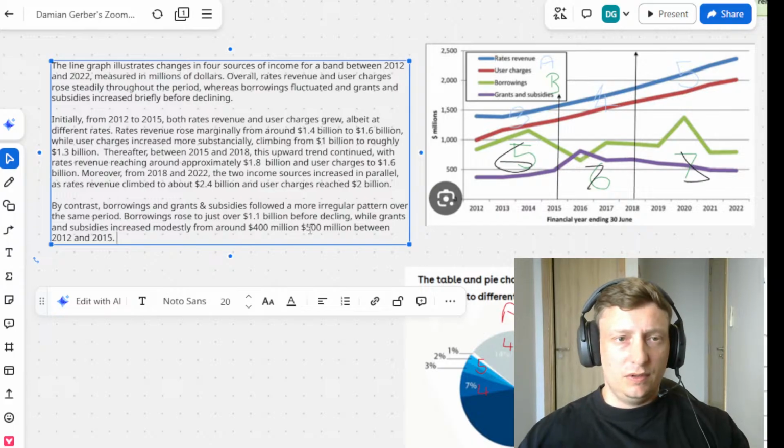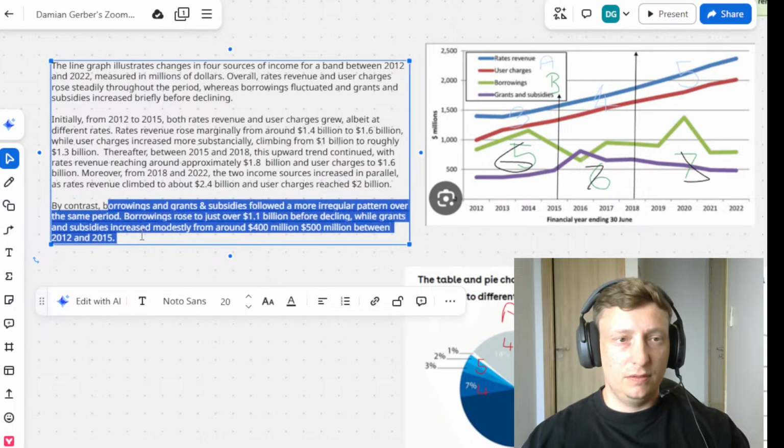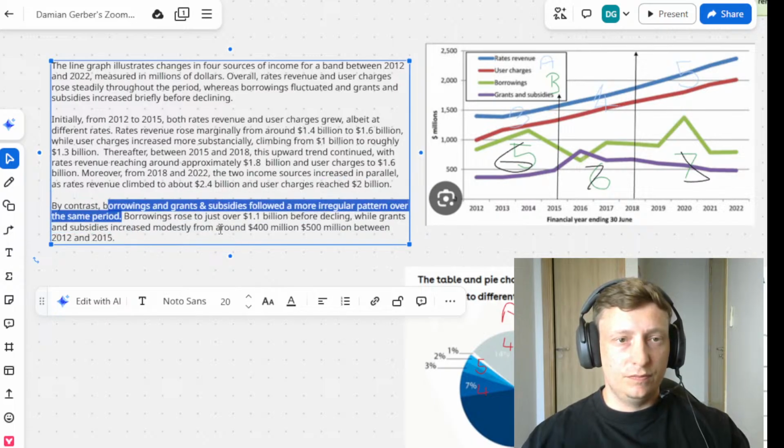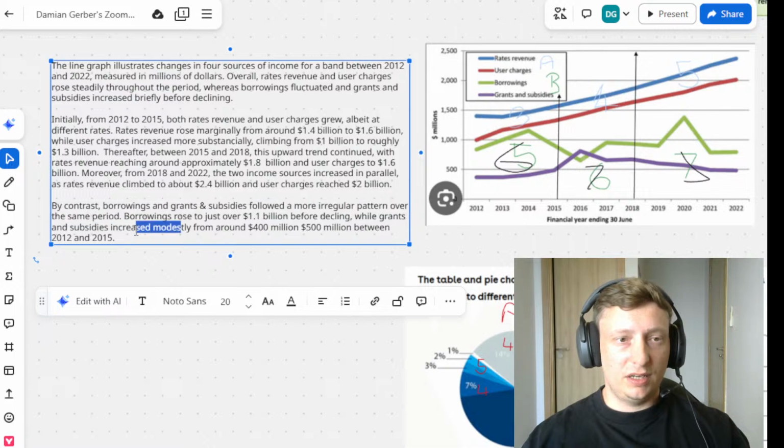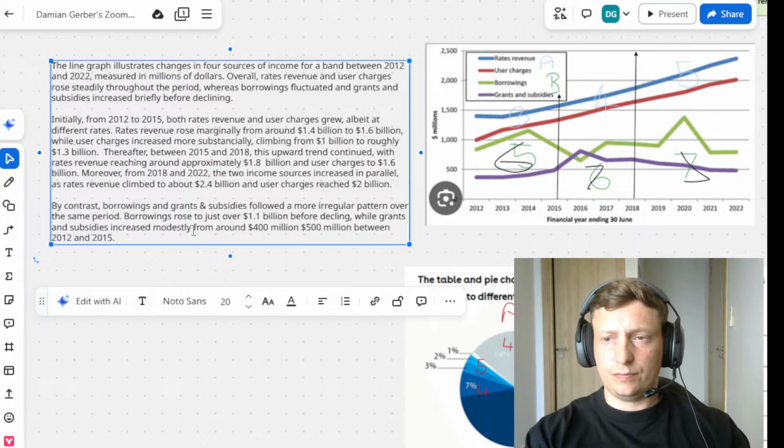Done. So just to quickly highlight the points, right? So we've got linking words here, here, statements here, and statements here. And then the rest is just data.